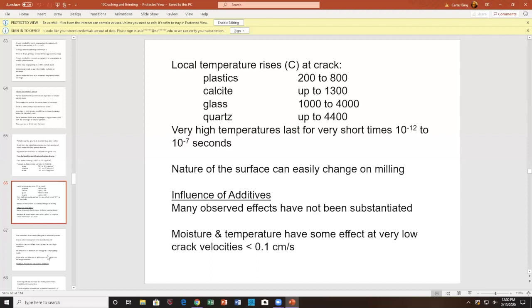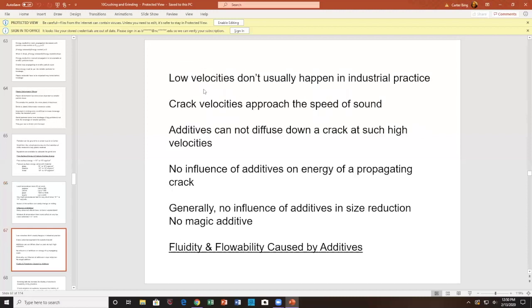Anyway, low velocities usually don't happen in industrial process and practice. Again, we said crack velocities approach the speed of sound. The additives can't diffuse down the crack at such high velocities. So you wind up having no influence on energy by crack propagation.